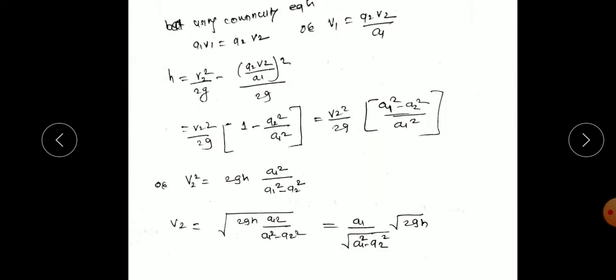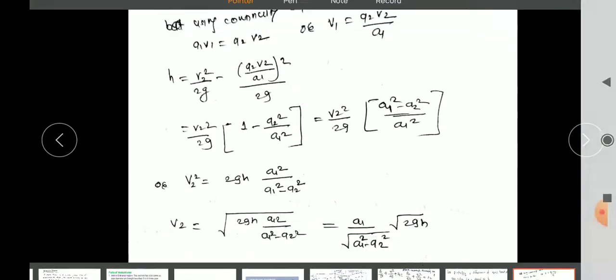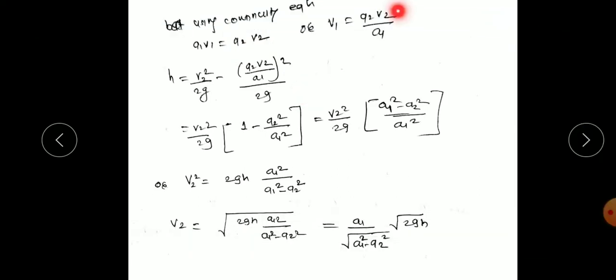Now we have to find out H. Again using the continuity equation, A1 V1 is equal to A2 V2, or V1 in terms of V2 is A2 by A1 into V2. So H is equal to, putting V1 in terms of V2, V2 square by 2g minus this A2 V2 term.